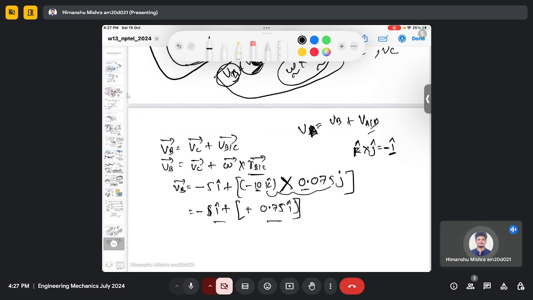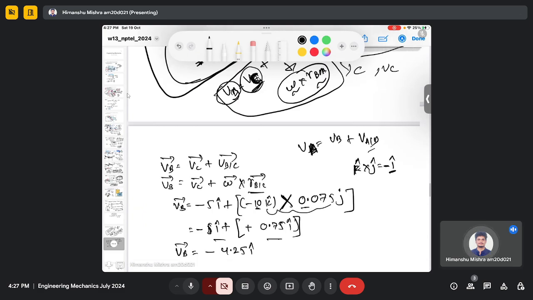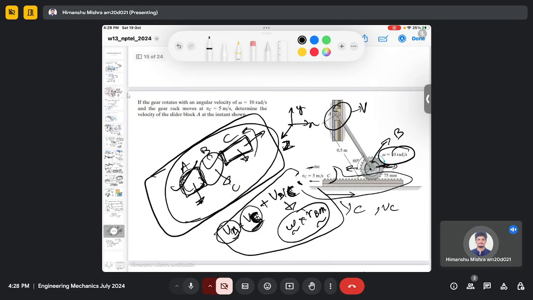Now both are in the x direction, so it will be minus 4.25 i. This is the translation velocity of B, which means this gear is rotating and also moving in the left direction with velocity VB, which is 4.25 meter per second.